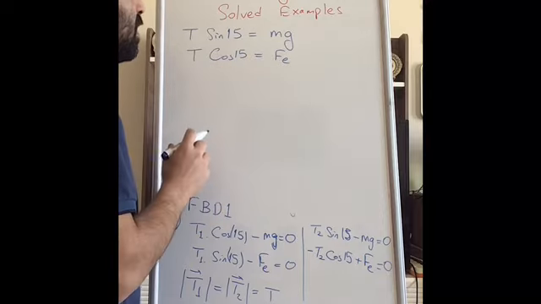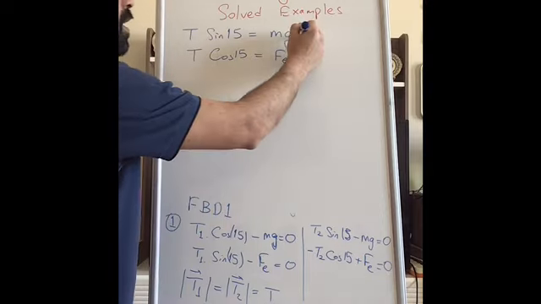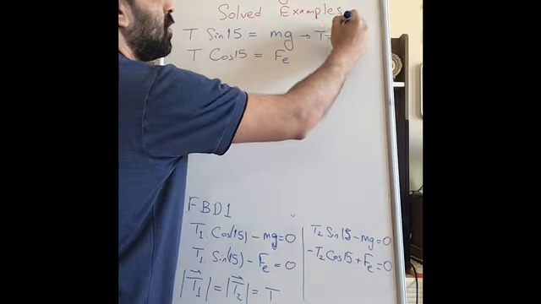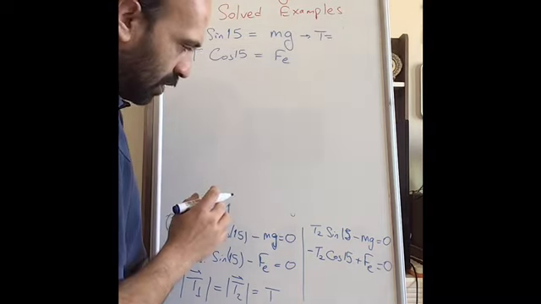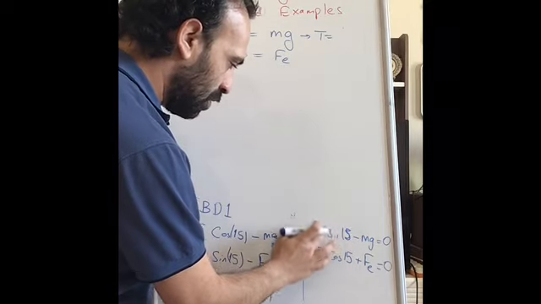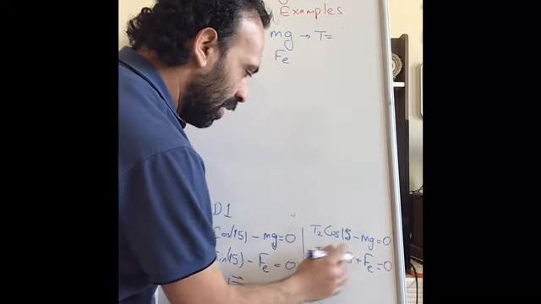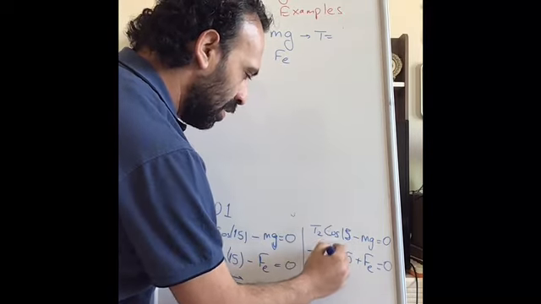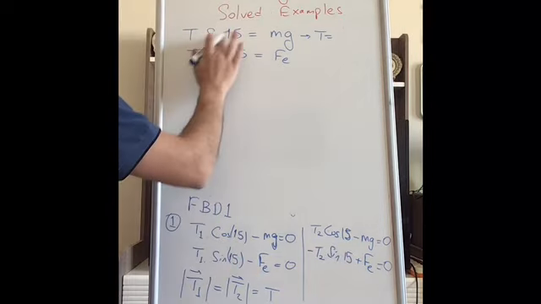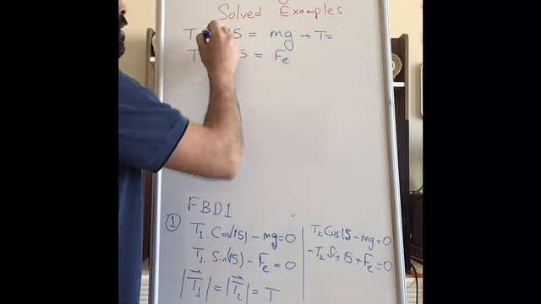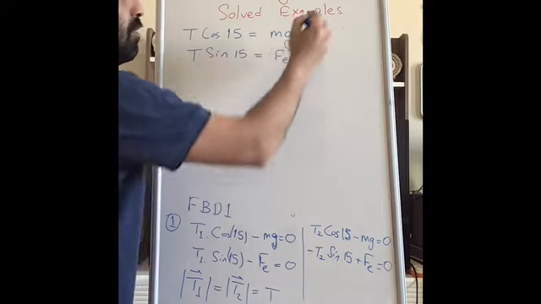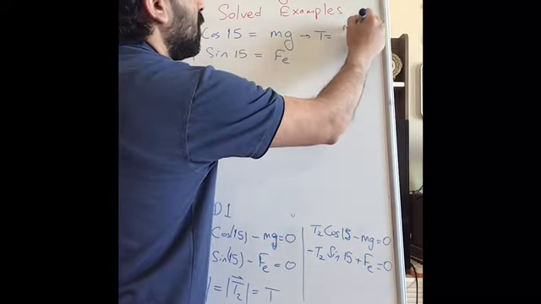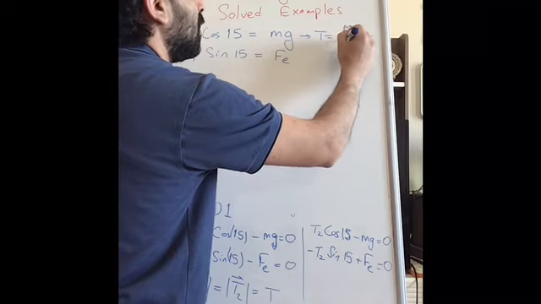And by using this, from here, I can write T is equal, or, okay, just 1 second, not sine, it's going to be cosine here, and it's going to be sine here.